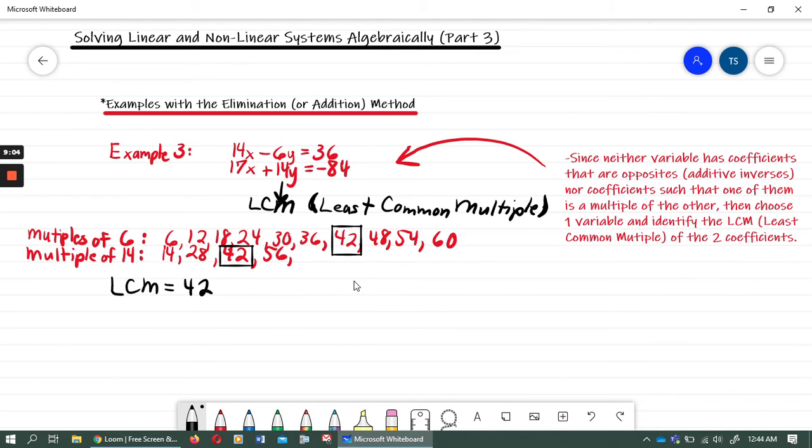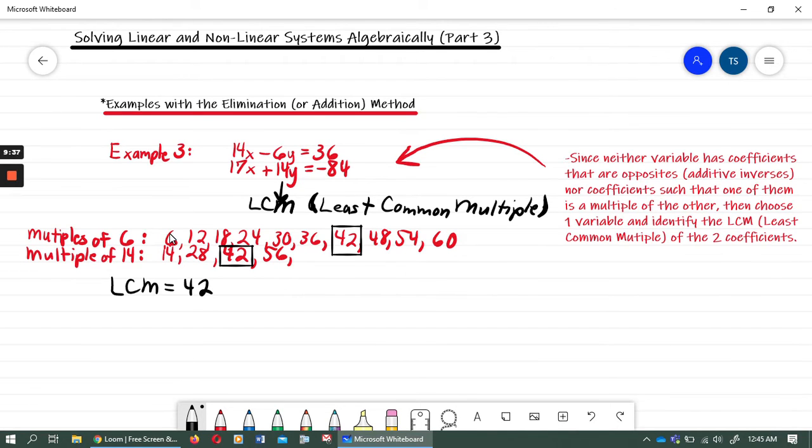In other words, we're going to multiply both equations by some constant factor. It might be a different constant factor for each, but we're going to do it so that the coefficients for the variable y are both 42. So what multiplies times -6 to give us 42, and what multiplies times 14 to give us 42?